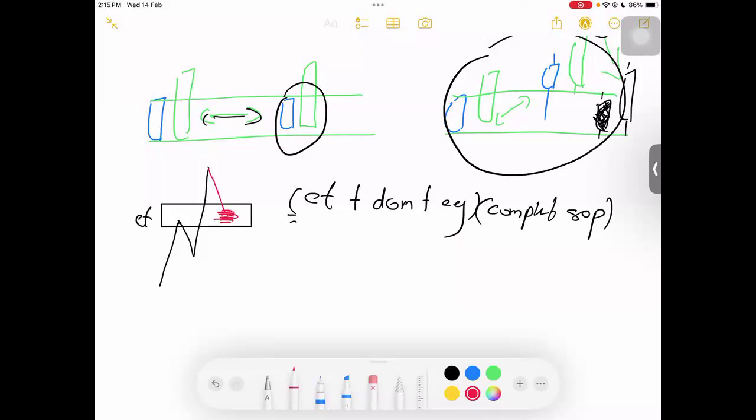This kind of setup only has EF and DOM. It does not have EG. So what will happen if you don't wait for EG? It'll fail.